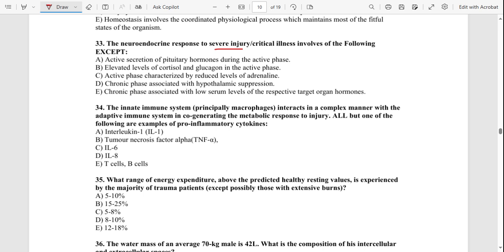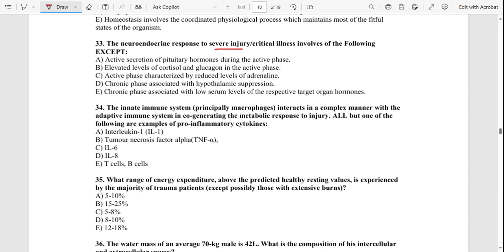Okay, maybe just helping someone. Would you say something about the active phase and the chronic phase? Anyone who wants to say something? Okay.